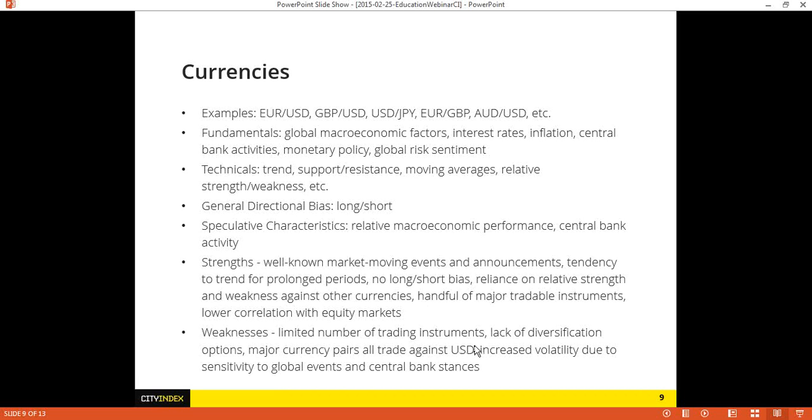The weaknesses: limited number of trading instruments. Like I said, this is both a strength and a weakness. Lack of diversification. Major currency pairs, the ones I just mentioned, they all trade against the U.S. dollar. Do you really want to be tied so closely to the U.S. dollar? Increased volatility due to sensitivity to global events and central bank stances.